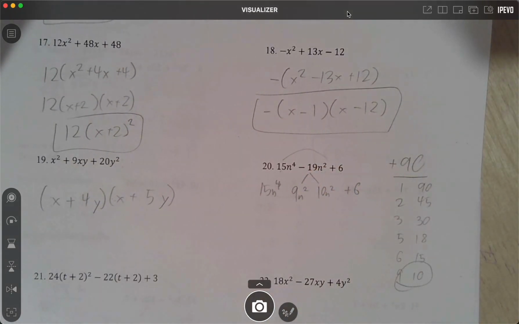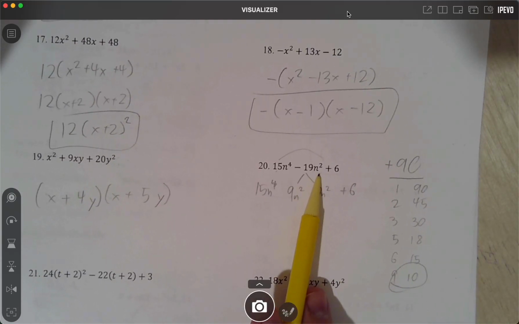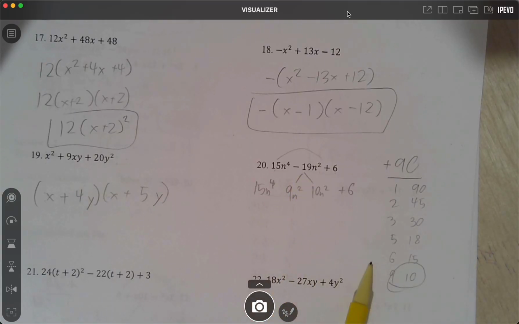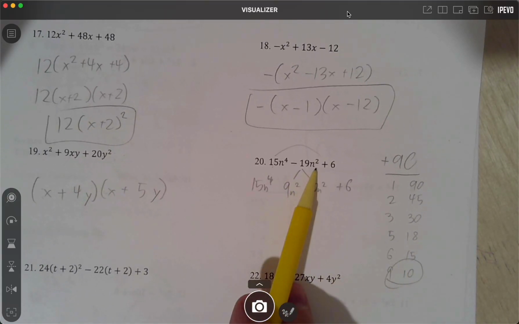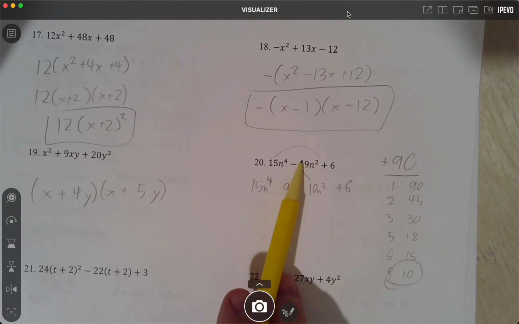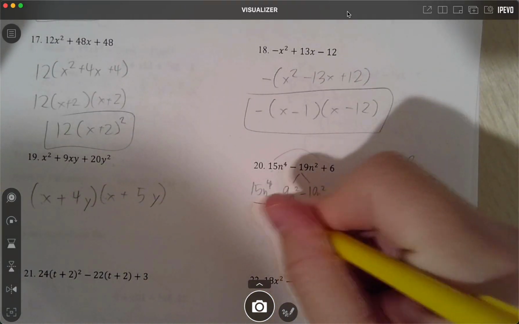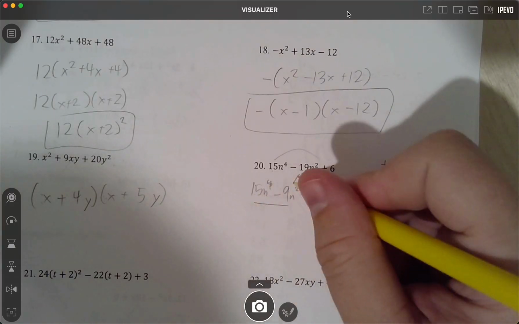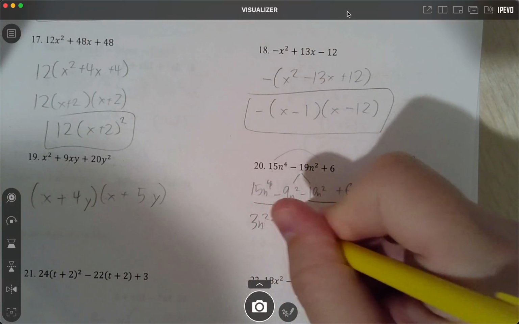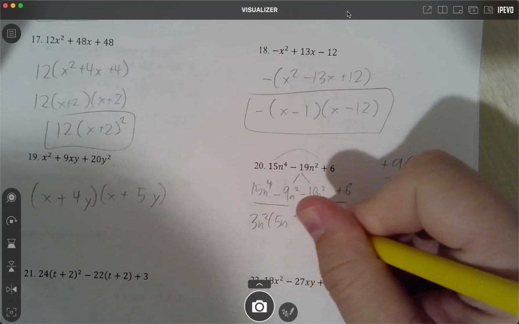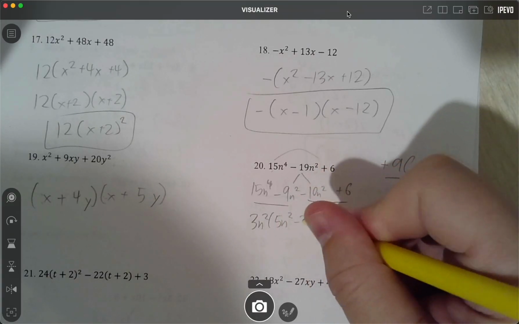So this is what I was recommending before: even though that thing in the middle looks different than what I normally see, I know that the 9 and 10 that I found have to be made up of n squareds as well, because that's how I get what's in the middle. They both have to be negative to make the negative 19, and I play the by grouping game. These share a 3n squared. I'm left with 5n squared minus 3.